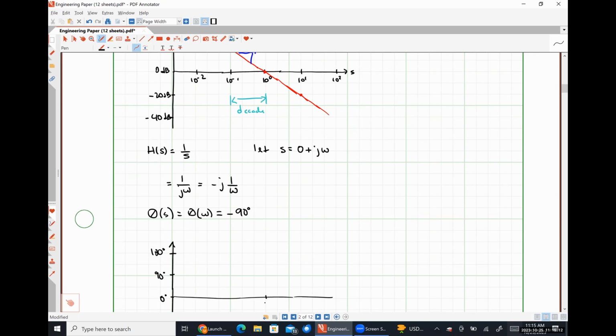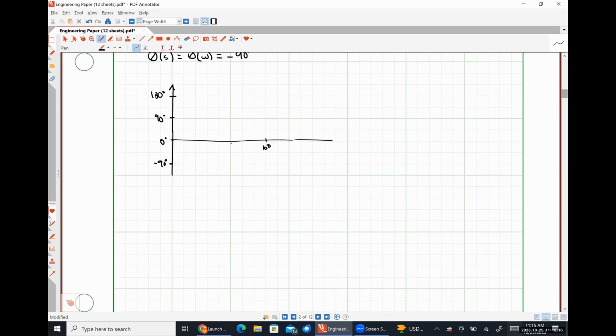So let me just put 10 to the 0 here and work off of that. 10 to the negative 1, 10 to the minus 2, 10 to the positive 1, 10 to the positive 2, and so forth. We would see that our phase angle is simply negative 90 degrees across all frequencies whenever we have a pole at the origin.